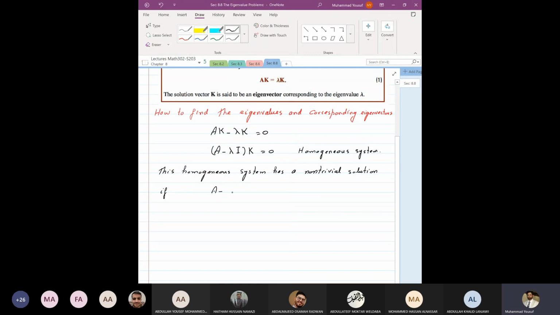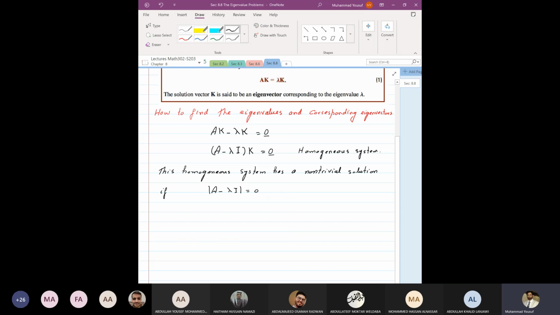If A minus lambda I is singular, that is, the determinant is equal to the zero number. How can we distinguish between the zero number and the zero vector? So let me make it like this. We can make a bar under the zero.